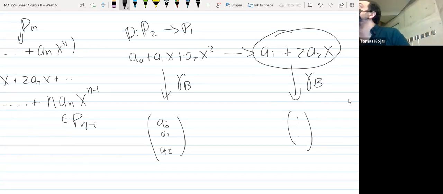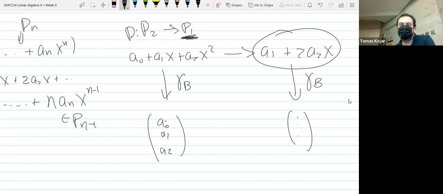Sorry. And then, yeah, right, so that's the tricky part. There's no zero because this is the coordinate map of P1.